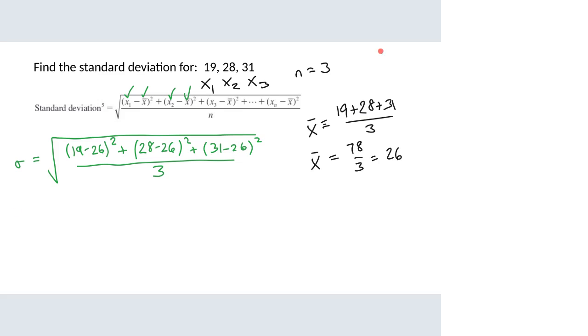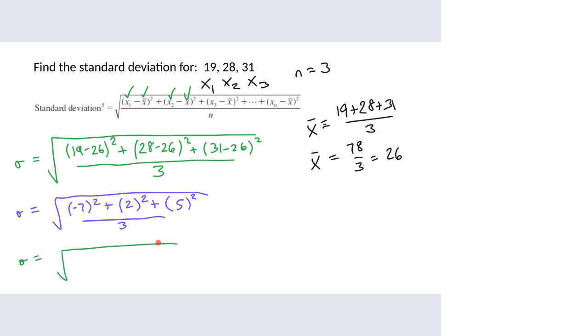And when we do that, we'll have our standard deviation is the square root of 19 minus 26, that'll be -7, 28 minus 26 is 2, 31 minus 26 is 5. Now we'll do our squaring and have -7 times -7, that's 49. 2 squared is 4. 5 squared is 25.